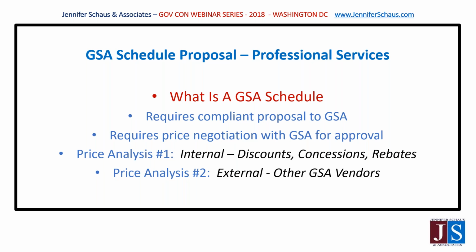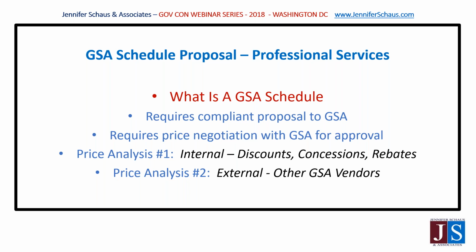The second thing GSA will do is look at other GSA vendors providing the same or similar services, with all things being equal. So for example, if you've got a project manager with minimum 5 years of experience and then on education as a bachelor's, and you're proposing to GSA a rate of $78 per hour for your GSA rate, GSA will go onto a website called calc.gsa.gov, and they're going to plug in those same parameters: program manager, 5 years experience, bachelor's degree.